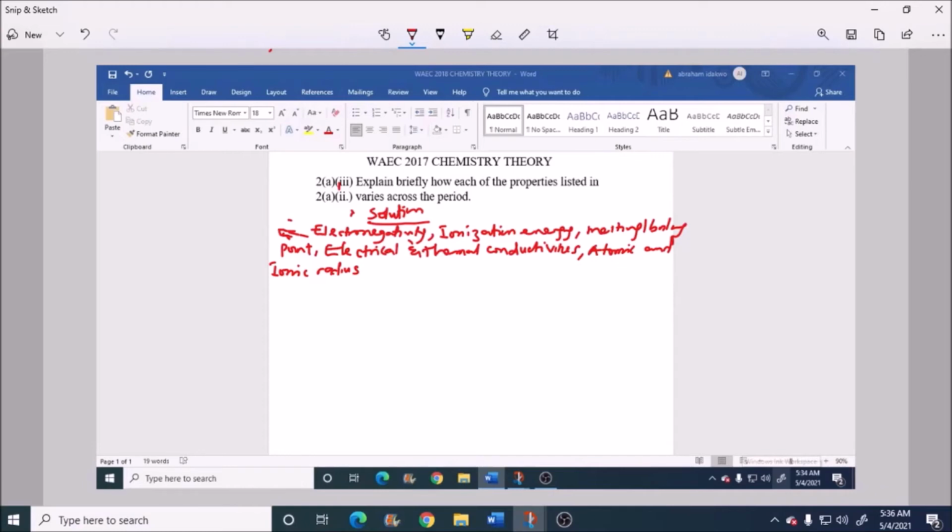Number 1, let us choose melting and boiling points. How does it vary across the period?